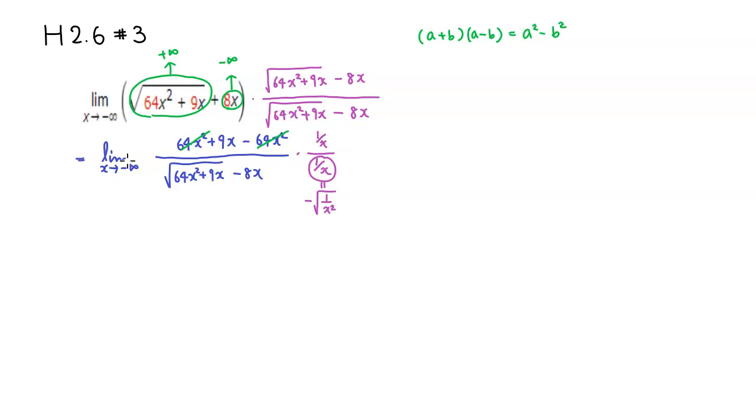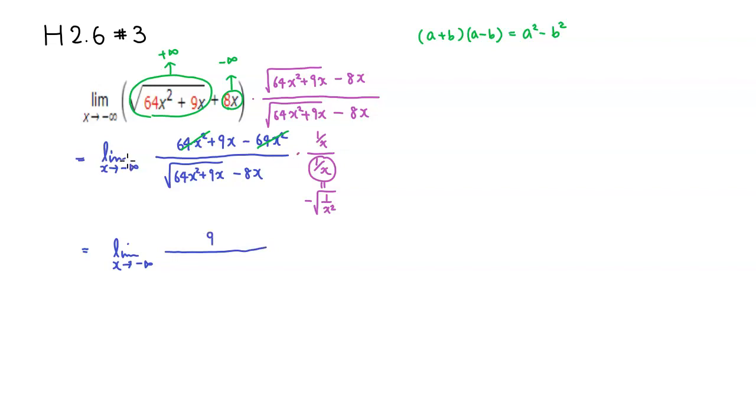If you simplify that, you have the limit as x approaches negative infinity. On top, 9x divided by x gives you 9, which is really nice.